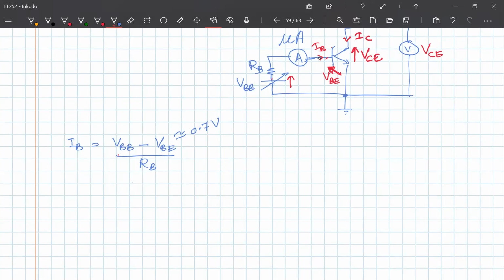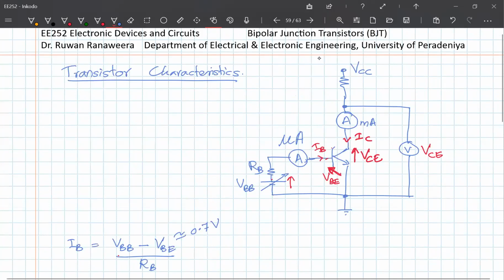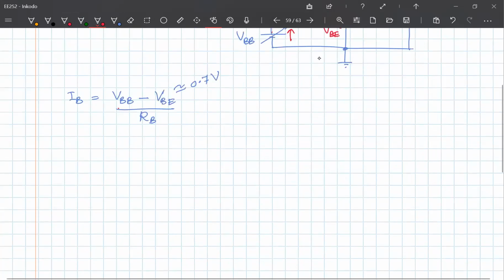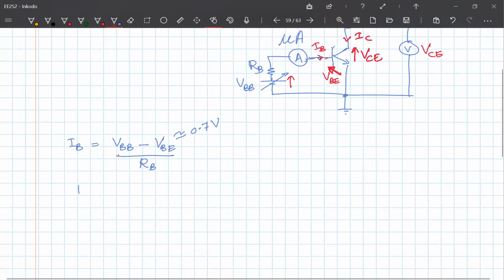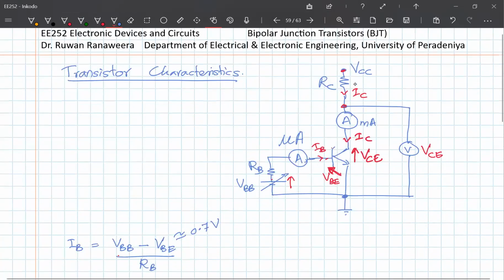So let me write the value of IC by applying Kirchhoff's voltage law here. This is RC, and the current through this is the same as the current through that. So IC is equal to VCC minus VCE divided by RC, since the emitter is 0 and the collector voltage is VCE.